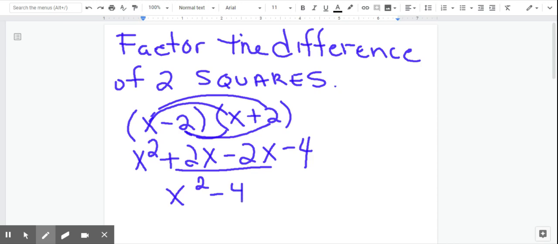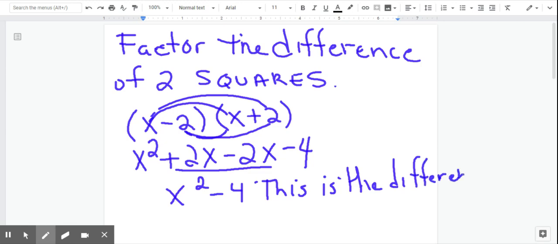Well, what is that? That is the difference, see the minus sign, of two squares.